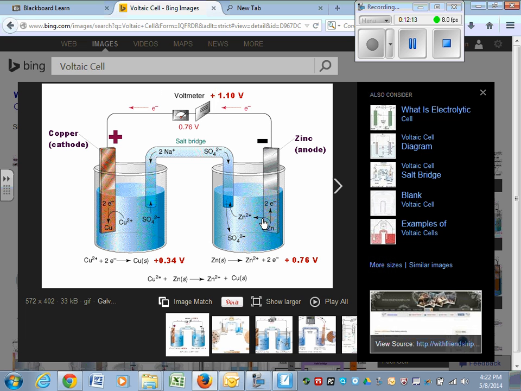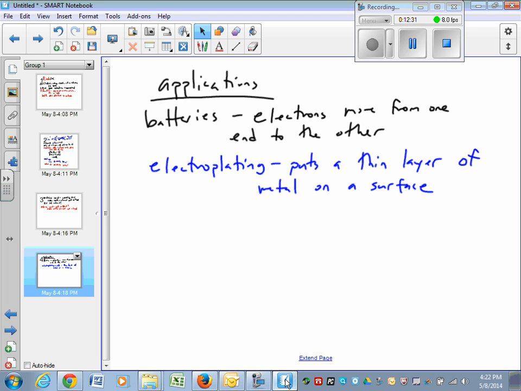So in this case, we have an anode with zinc. And at an anode, we have oxidation reactions occurring. Okay, the anode is where oxidation happens.